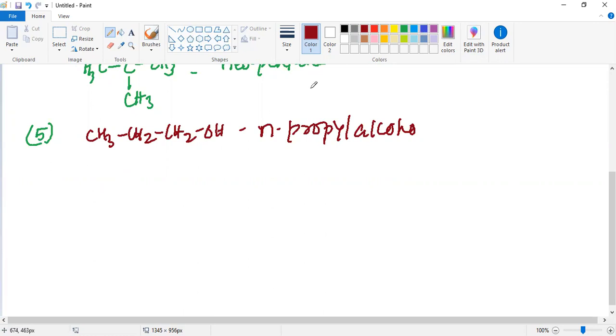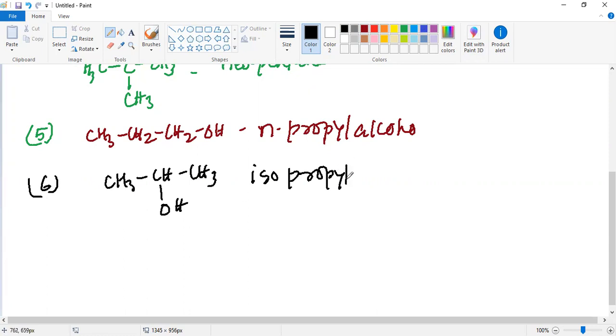But if we have this one, this is known as isopropyl alcohol.